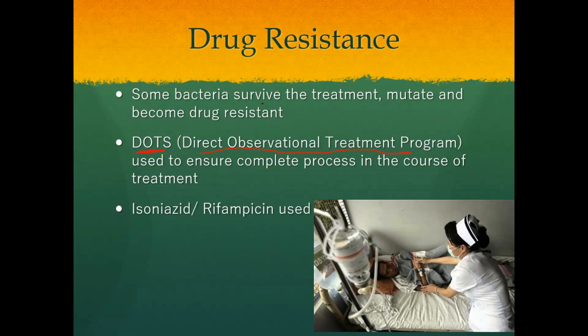Now, some of the bacteria survive the treatment as well, because if the person has not completed the entire course, they would mutate and eventually become drug resistant. The drugs mostly used are isoniazid and rifampicin. These are the mostly recommended drugs for patients suffering from tuberculosis.